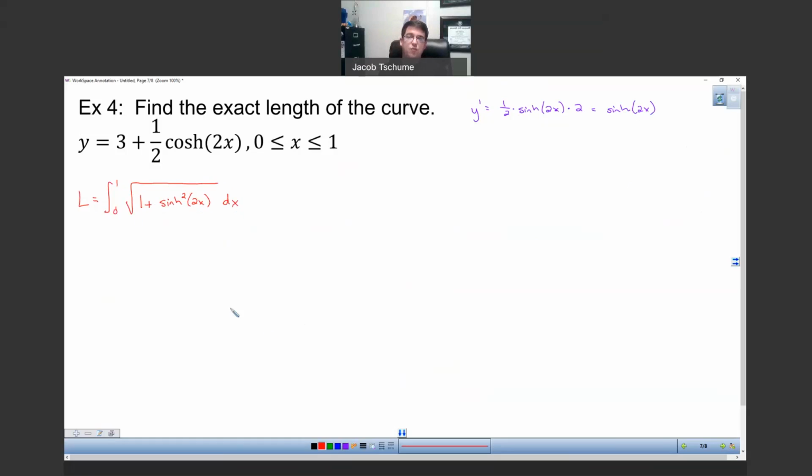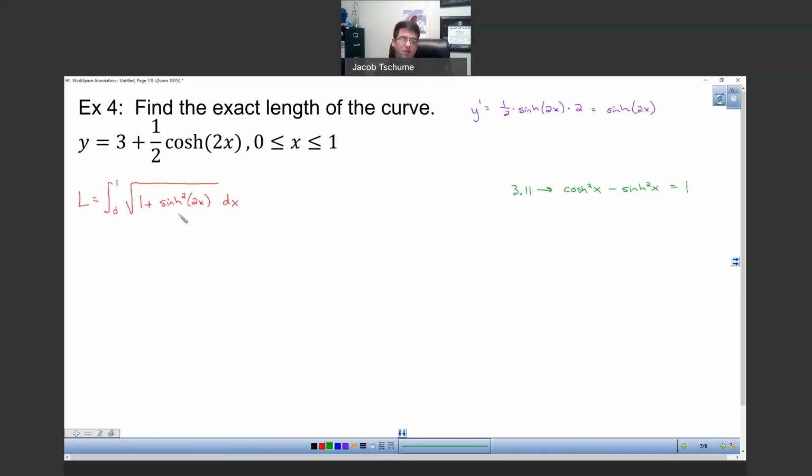Now, if you're thinking regular trig functions, you're not going to find a regular trig function that has hyperbolics in it. But if you think back to when we did section 3.11, there was an identity that said that hyperbolic cosine squared minus hyperbolic sine squared is equal to 1.